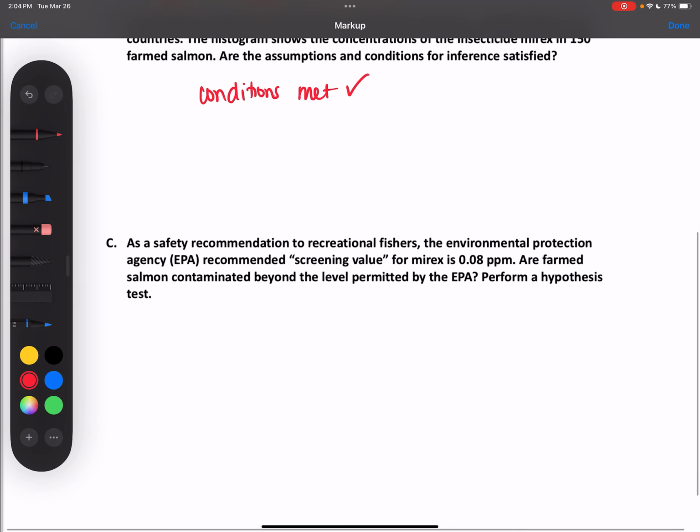So as a safety recommendation to recreational fishers, the Environmental Protection Agency, the EPA, recommended screening value for Mirex is 0.08 ppm. Are farm salmon contaminated beyond the level permitted by the EPA? Perform a hypothesis test. So what would my null hypothesis be?